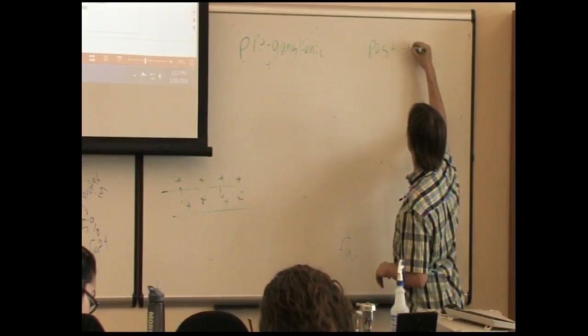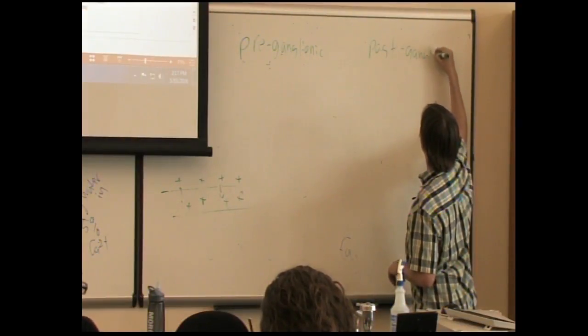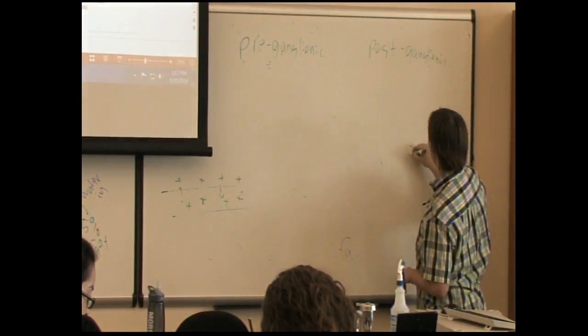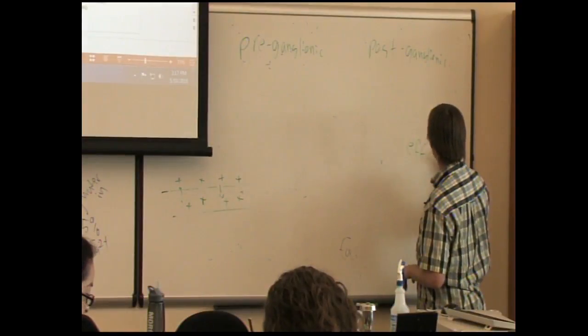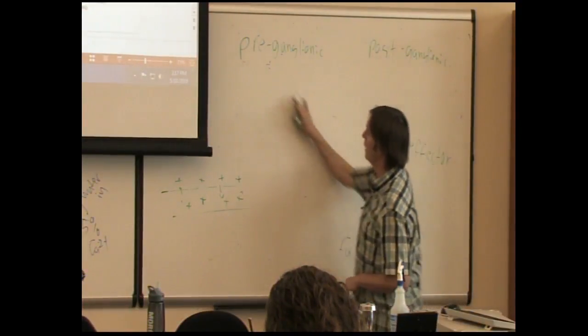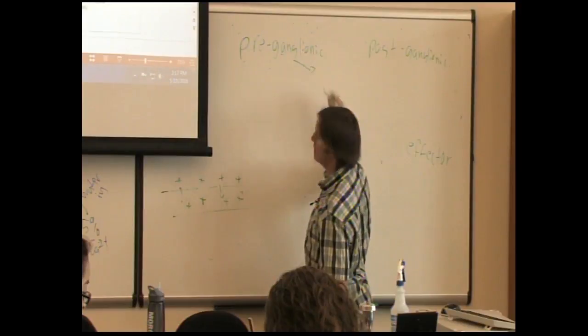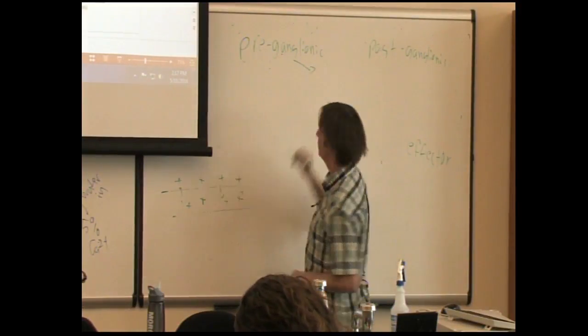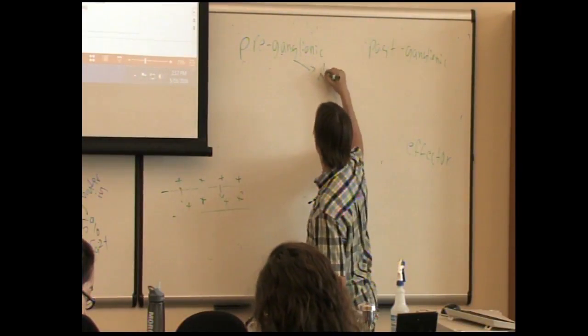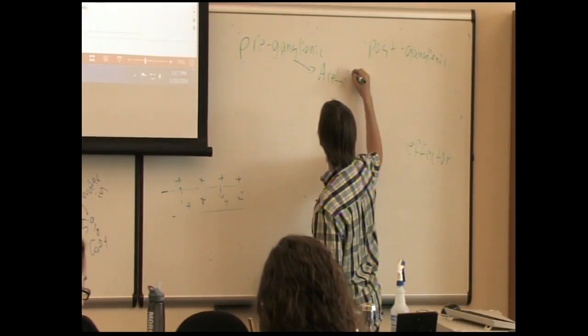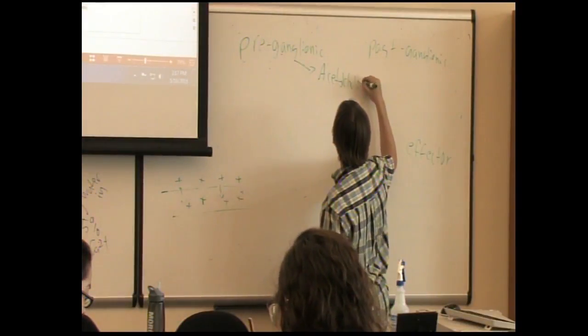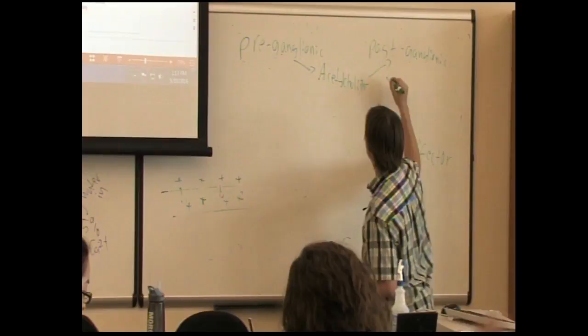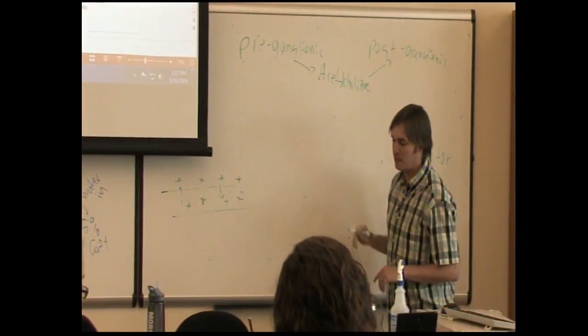Post. And then you've got like the effector, right? So preganglionic, it sends out a neurotransmitter, which is acetylcholine. And then the postganglionic has a receptor.